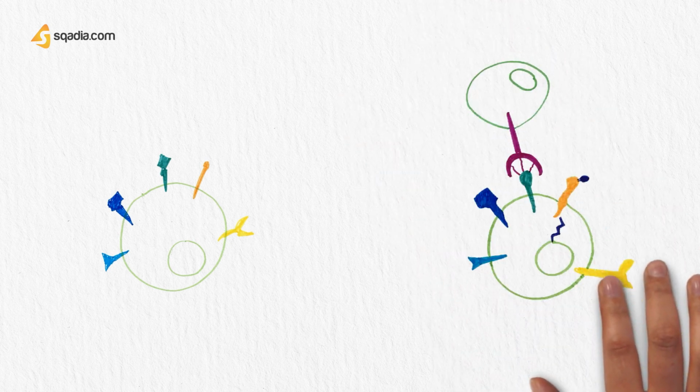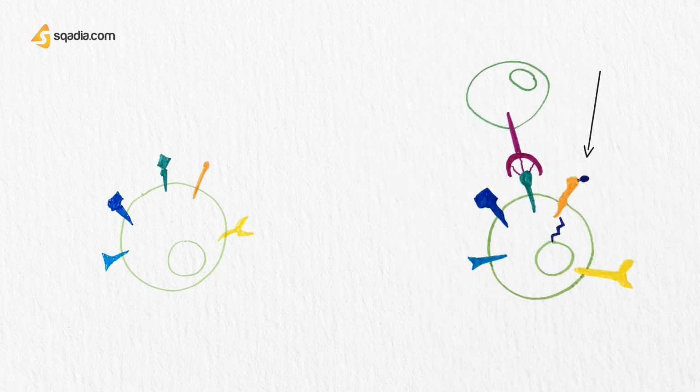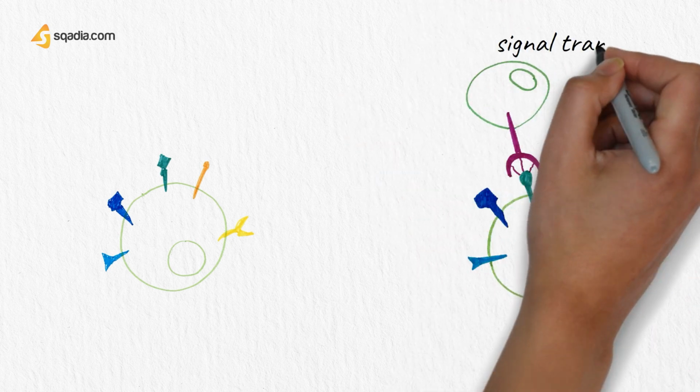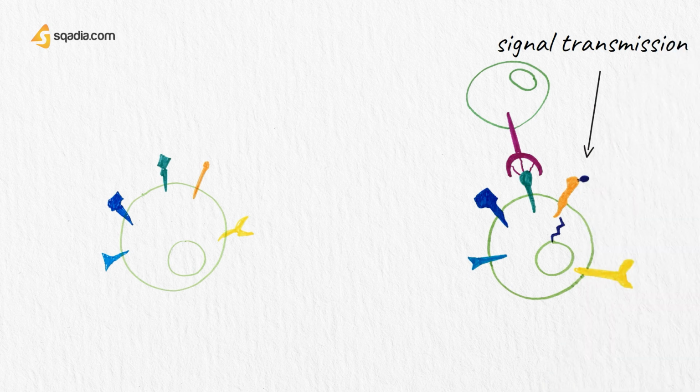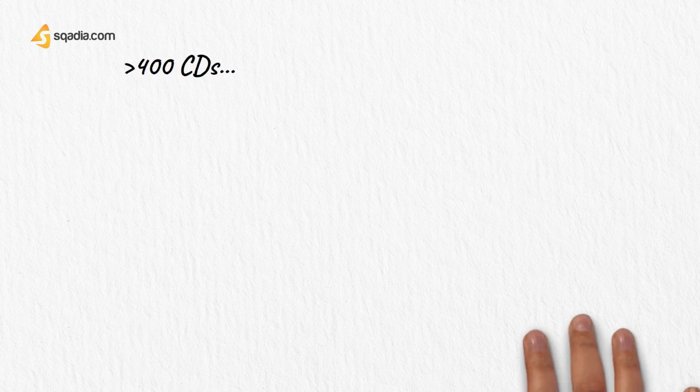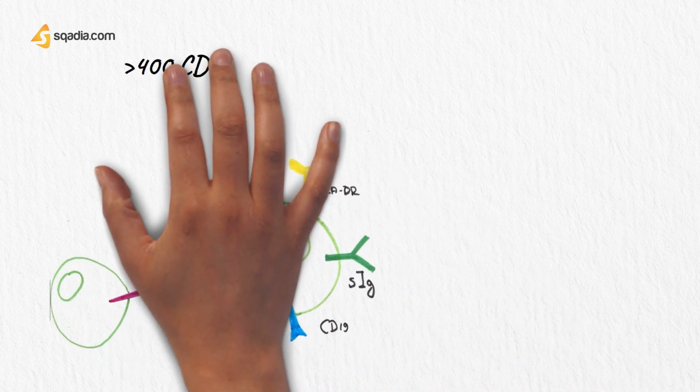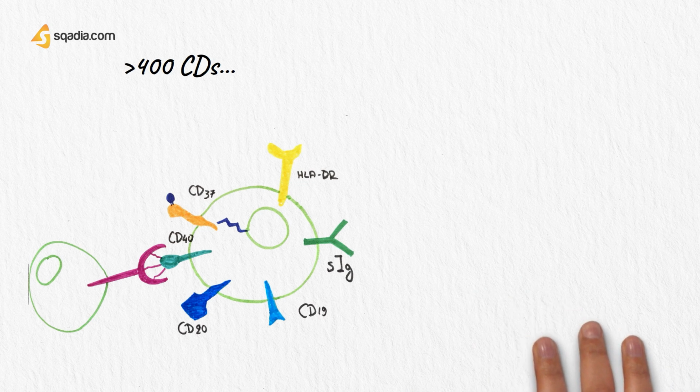Clusters of differentiation can act in numerous ways. Let's see some of them. Often they act as receptors, transmitting signals to the interior of the cell and changing the behavior of the cell. Other times they act as ligand proteins that help cells connect to each other. There are more than 400 CDs, and scientists over the years had meetings and discussions to agree what the names of the CDs will be.